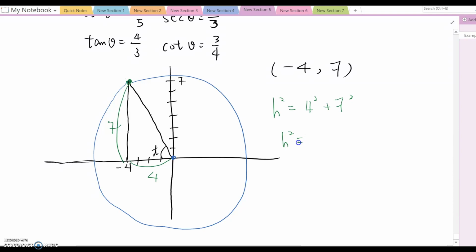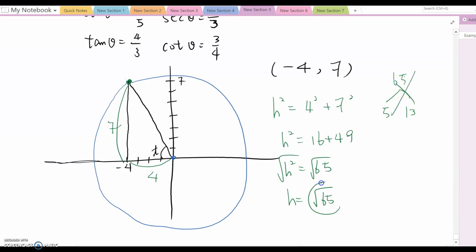So h squared equals 16 plus 49, so h squared equals 65, and take the square root, and h equals root 65. So just in case, I'm going to find out whether we can simplify 65. It is 5 times 13, so it is not possible. So that's our hypotenuse value, root 65.